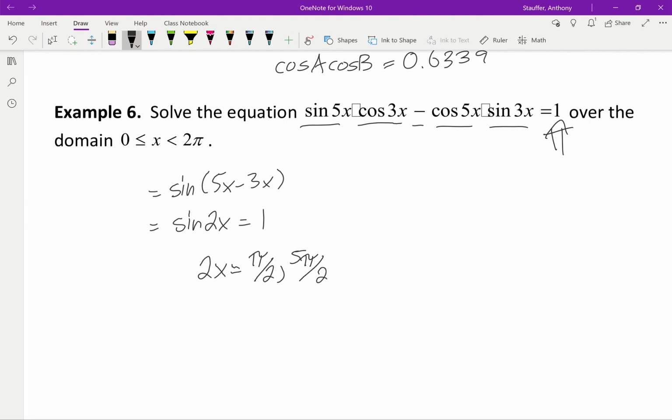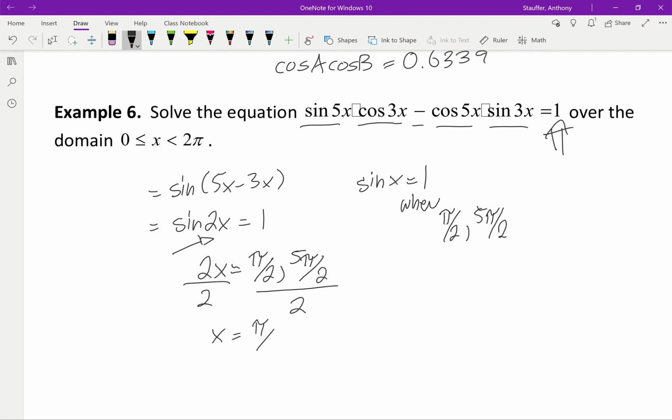Because sin x equals 1 at pi by 2, or 5 pi by 2, but I have that 2x on the inside, so instead of just the sin x, we're going to have the 2x. Then, to complete my solution, I just divide by 2, which will give me pi by 4 and 5 pi by 4.